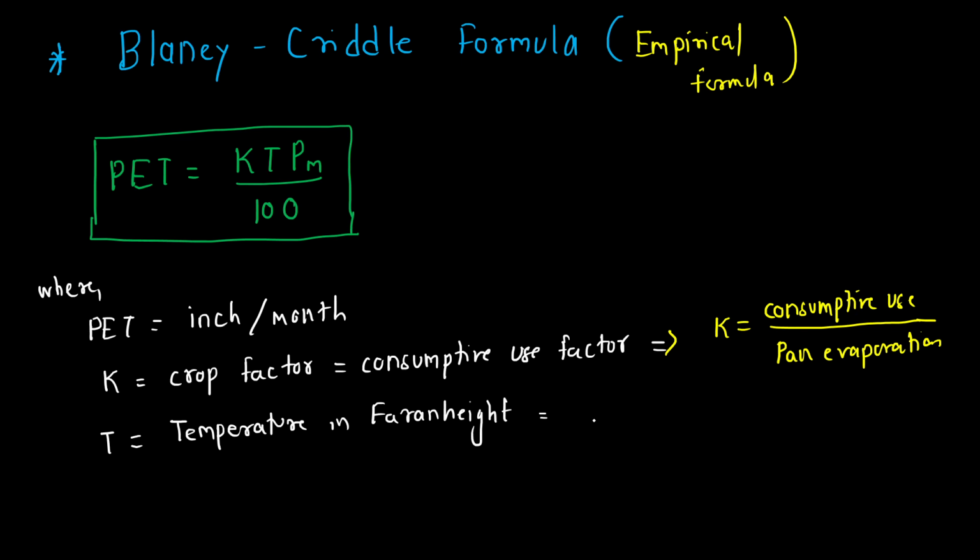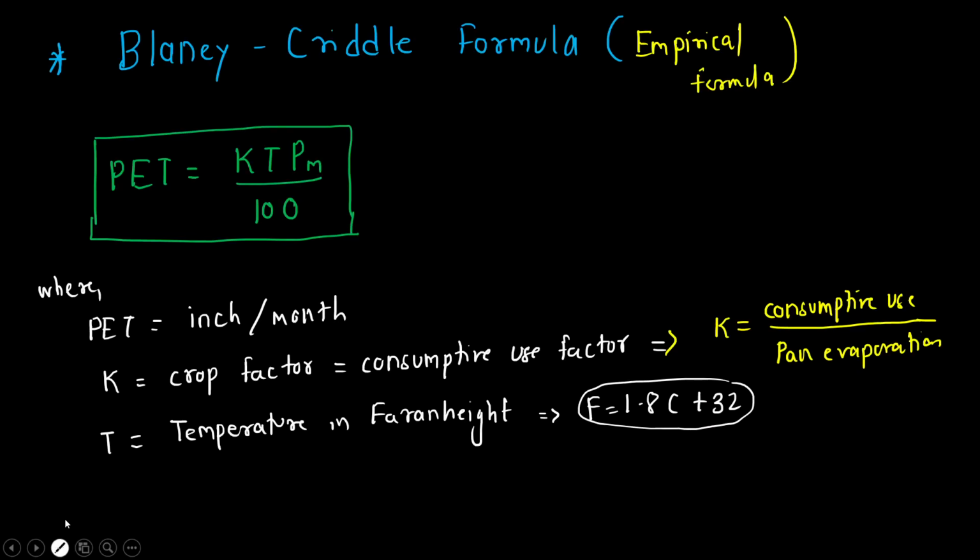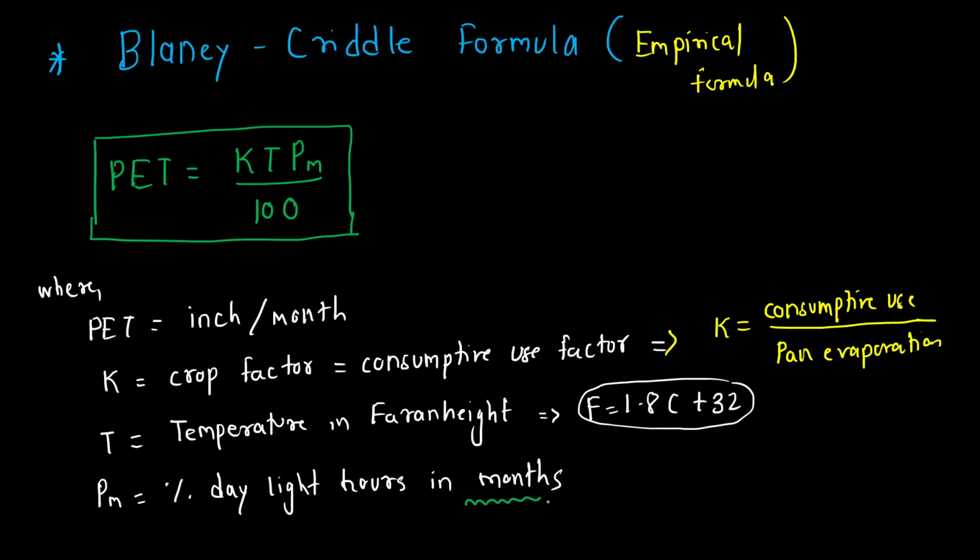And how to convert degrees Celsius into Fahrenheit? Fahrenheit is equal to 1.8 Celsius plus 32. Then the last one is PM. PM stands for percentage daylight hours in the month. So that's it with these formulas here.